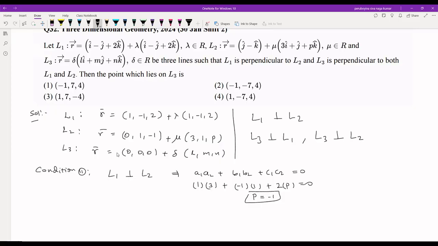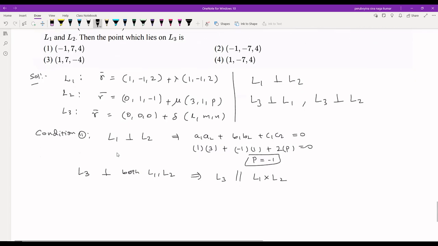And they also say that L3 is perpendicular to both L1 and L2. That means L3 is parallel to L1 cross L2. So we can make L1 cross L2 first, and then we will combine with L3.